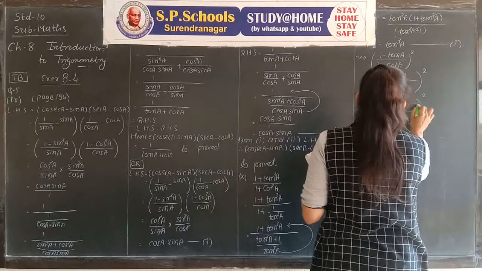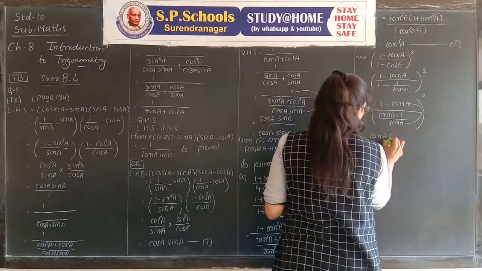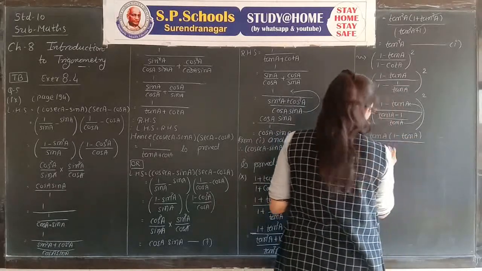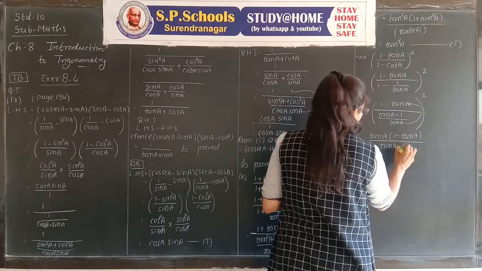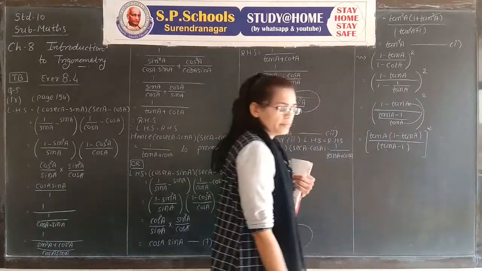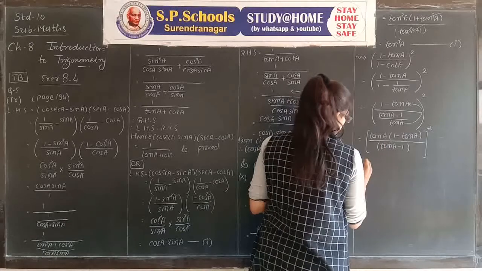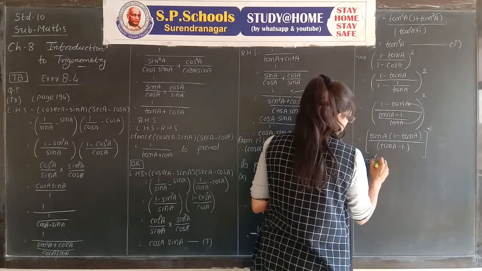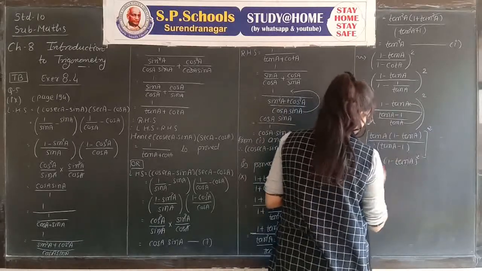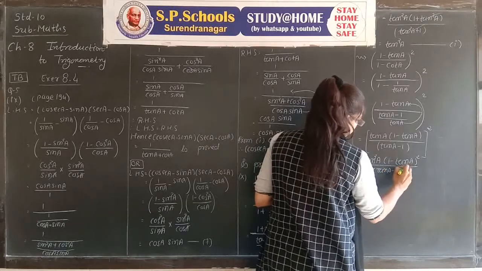Now denominator's denominator goes to the numerator: tan A into bracket (1 minus tan A upon tan A minus 1), and square of the whole bracket is also there. Now give the square to these terms and we get tan square A (1 minus tan A) square upon (tan A minus 1) square.